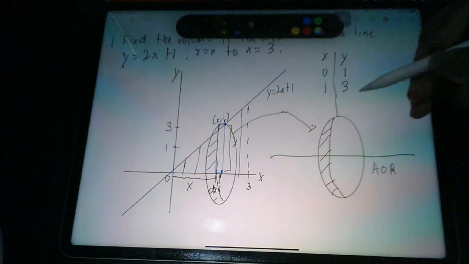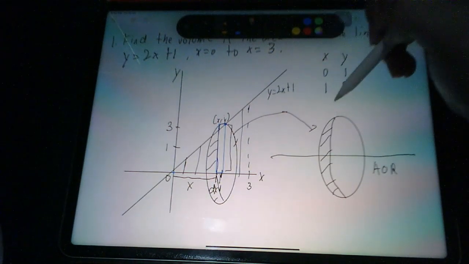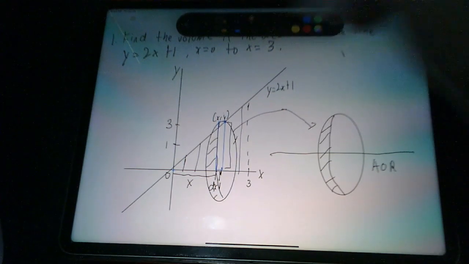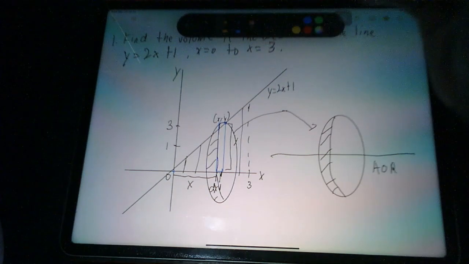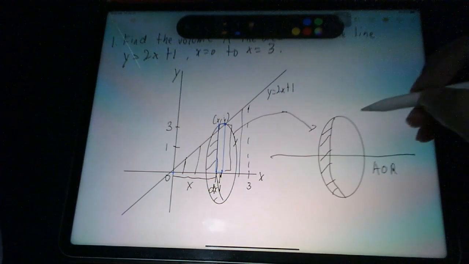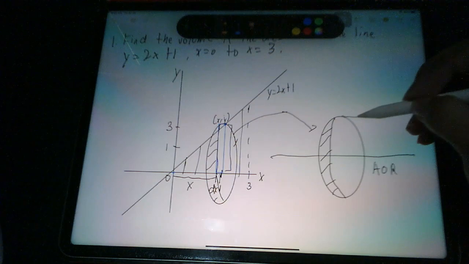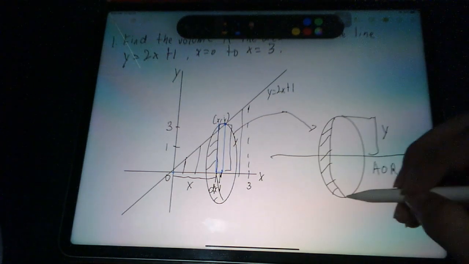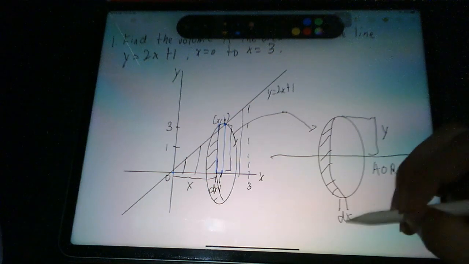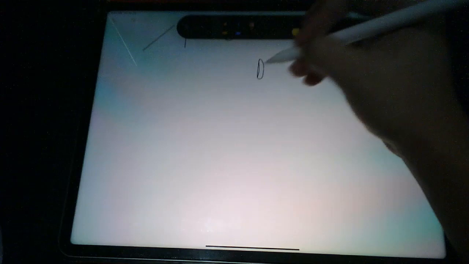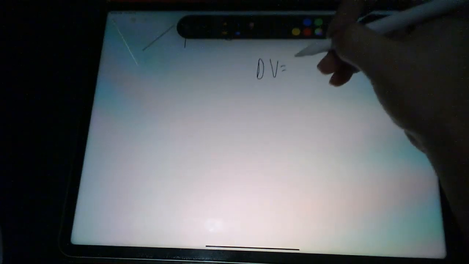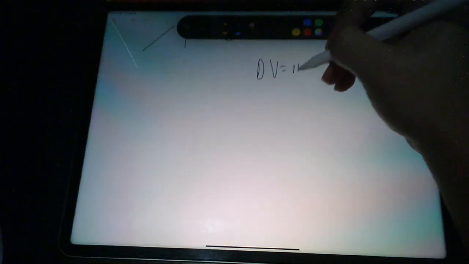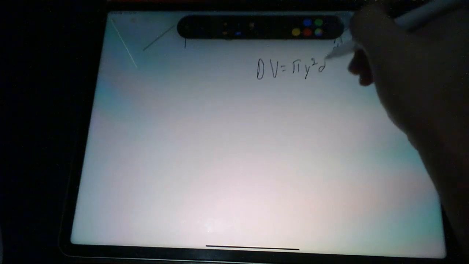Then we plot the function. So if this is y, this is our y, and the thickness here, or the height, is just equal to dx. So now the differential volume is just equal to pi y squared dx.